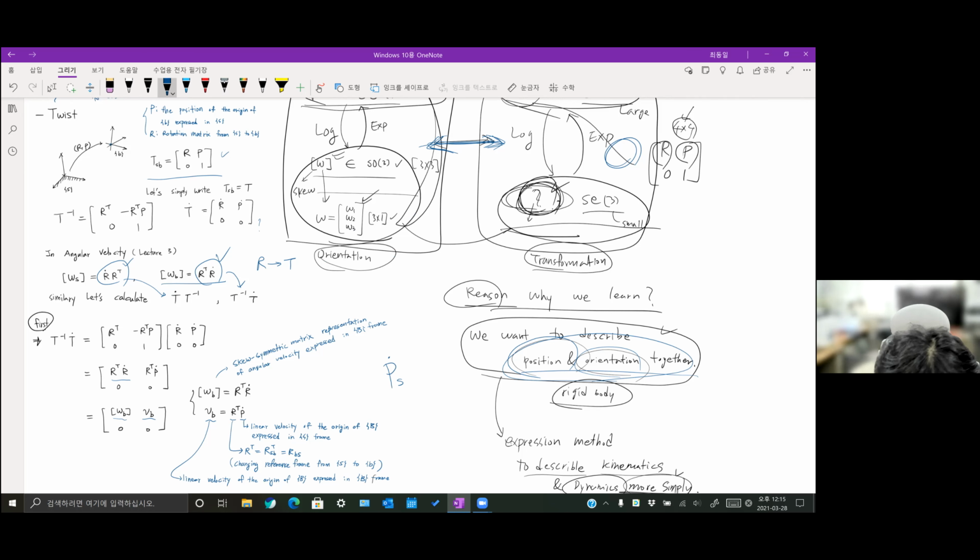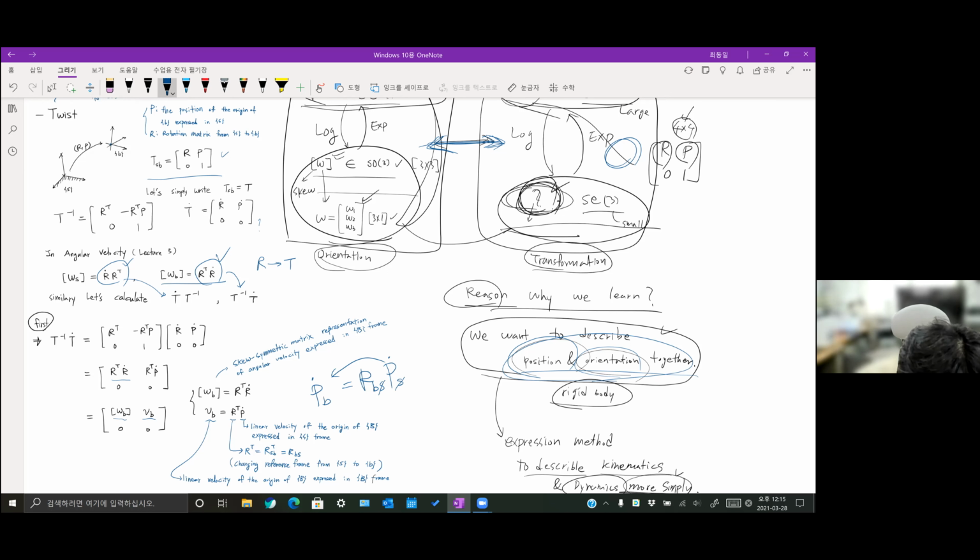But if we want to change the basis, because R is R_SB, R transpose means R_BS. So if we multiply by R transpose, it means R_BS. Here we get this kind of cancellation, and it becomes the velocity, because P dot becomes R transpose P dot.